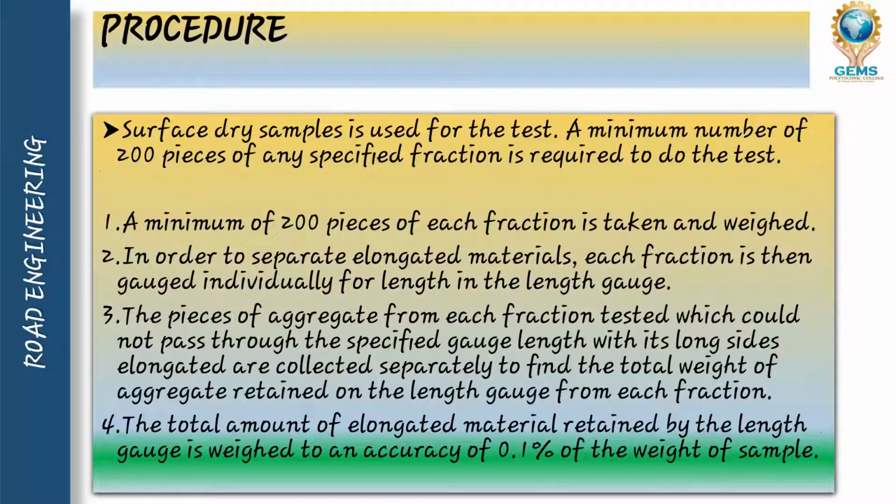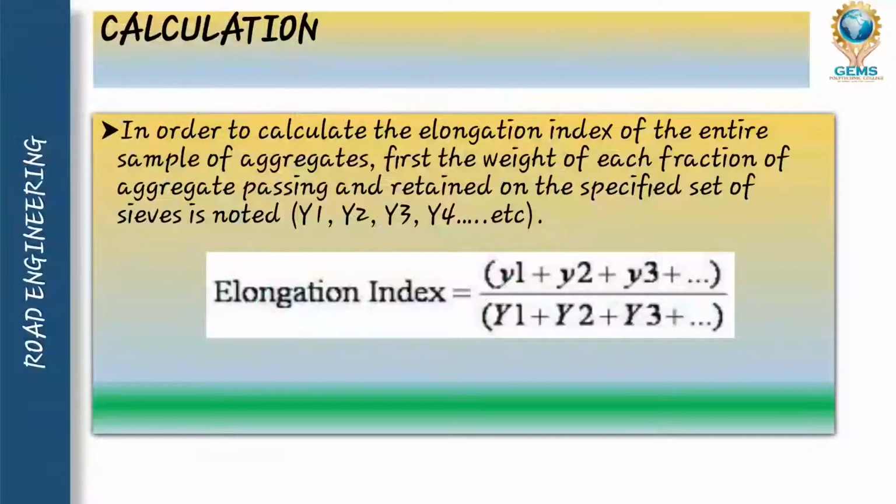In flakiness index we pass the aggregate through the thickness gauge, and here we pass the aggregate through the length gauge. The elongation index formula is the same as for flakiness index, that is y1 plus y2 plus y3 divided by capital Y1 plus Y2 plus Y3.